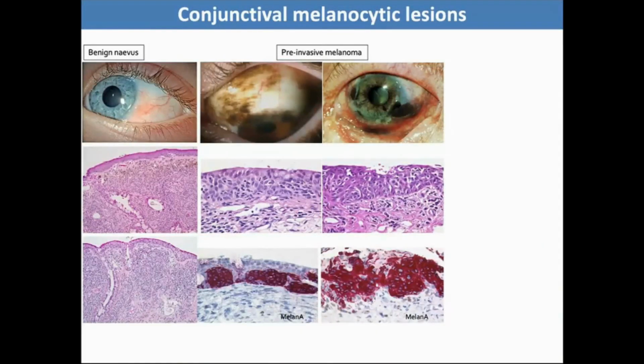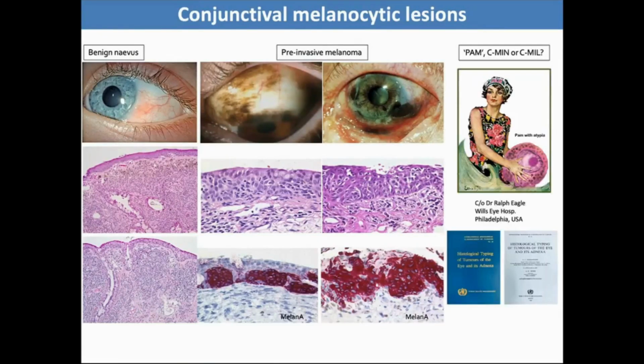So let's move to the pre-invasive melanomas, and I just want to introduce you to another clinical term which you may have encountered already. The clinicians tend to use the term PAM, primary acquired melanosis, which was first introduced in the WHO by Bob Folberg. However, over time it has been proposed that this terminology is not really suitable for describing the history or the pathological changes occurring in the eye in these samples.